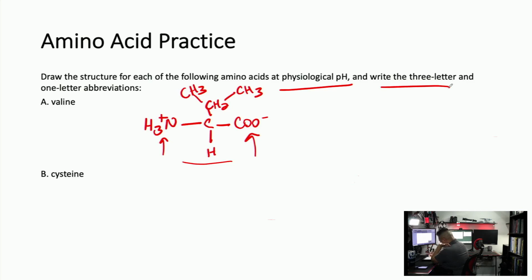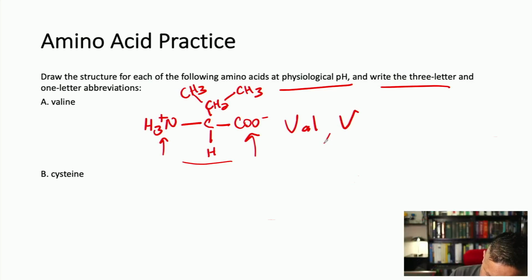We're at the three-letter designation, easy. VAL for valine, and luckily for us, valine is the only one that's V, so it has the V as its single letter designation. Next, we have cysteine, another simple one. NH3, whoops, NH3.